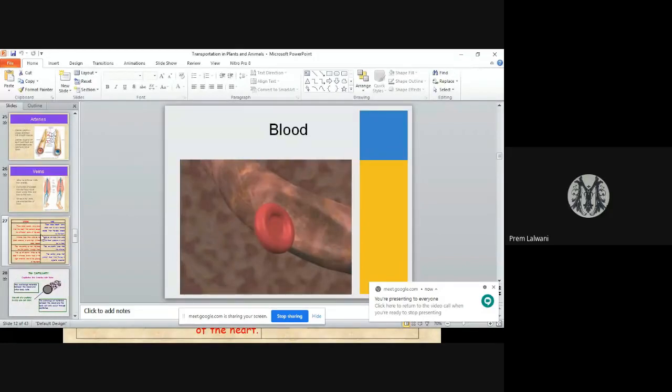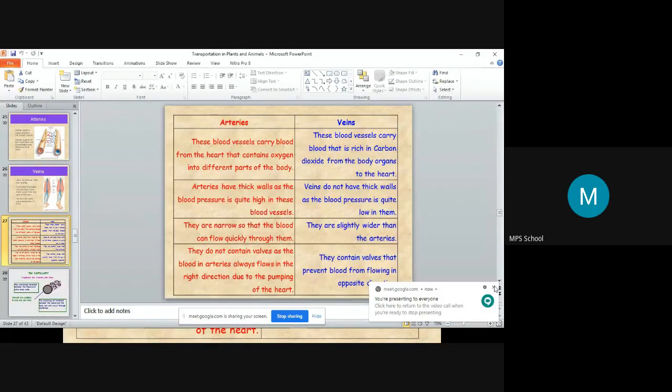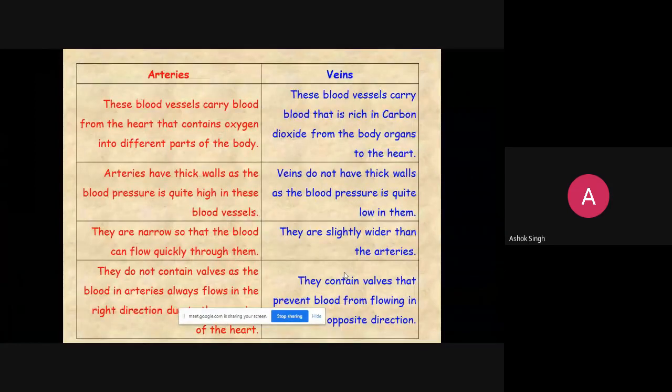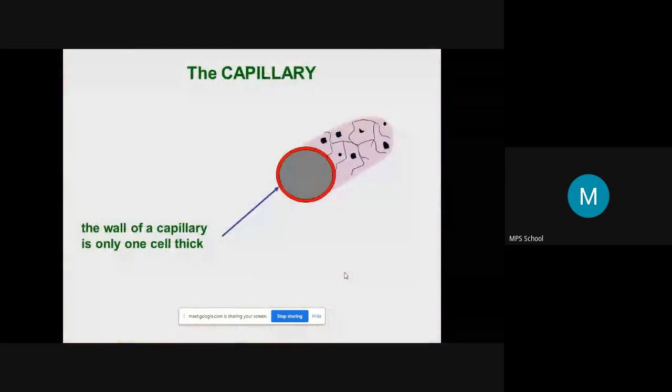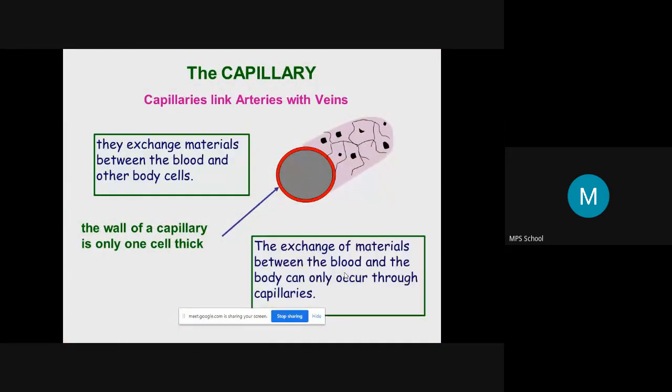So this is clear. See, arteries don't have valves and veins have valves. Why? It will prevent the flowing of blood in the opposite direction. This is a capillary. What is the function of the capillary?